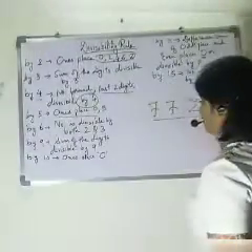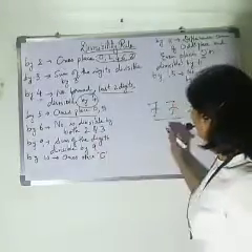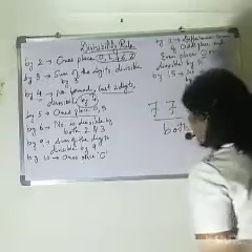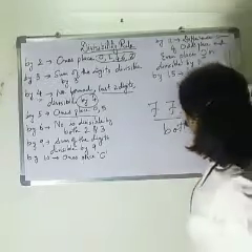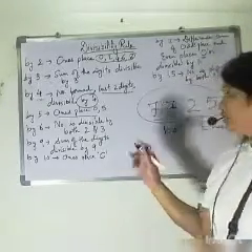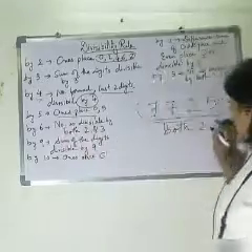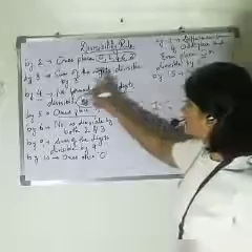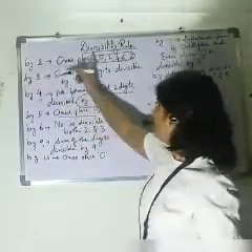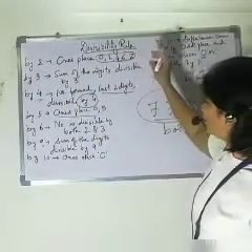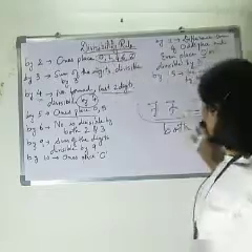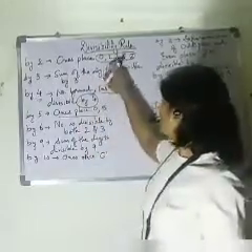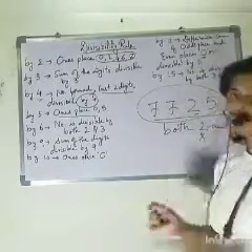If it is divisible by both 2 and 3, then the whole number is divisible by 6. Now how to check if the number is divisible by 2 or not? For that, we have already learned the rule. At the ones place, either 0, 2, 4, 6, 8, any of these digits. So at the ones place, what is the digit? It's 5. None of these, that means the number is not divisible by 2.